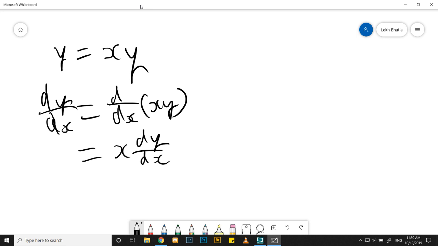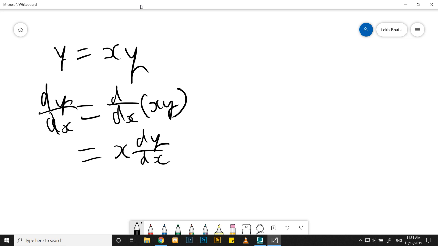So first let's do the product rule. We just keep x as it is, and then we take the derivative of y. Normally y would just become 1, it would just disappear as a variable, and it does do that.